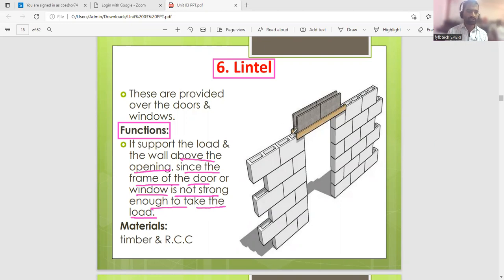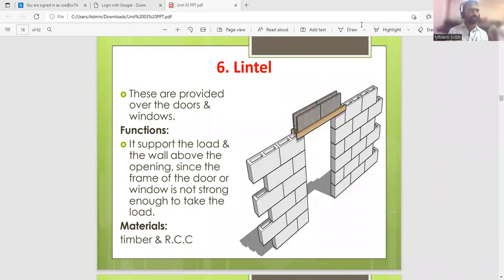Okay, so whatever is there over the windows and doors, over this the wall keeps coming. The wall load should not come on the door, for this we provide a lintel. That lintel will distribute this wall load to the adjacent walls. Correct? Its materials are timber and RCC.